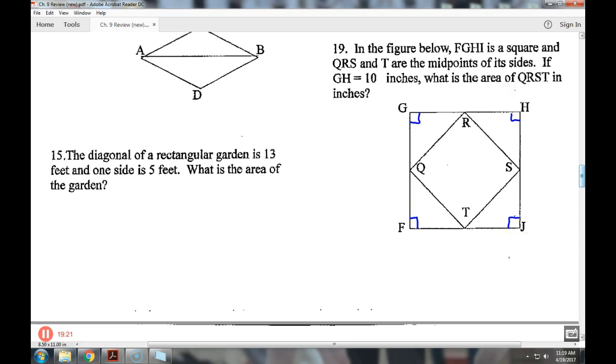Q, R, S, and T are the midpoints, so this equals this, all these. So we have 4 triangles here that are all the same. G to H is 10, which means these guys are 5. So I have 5s all the way around.